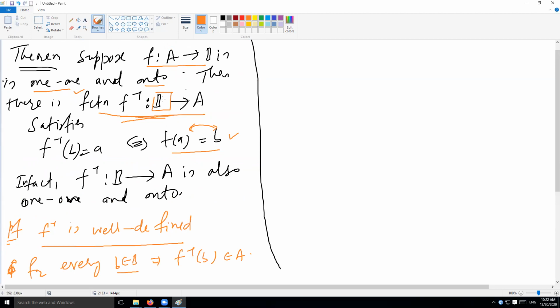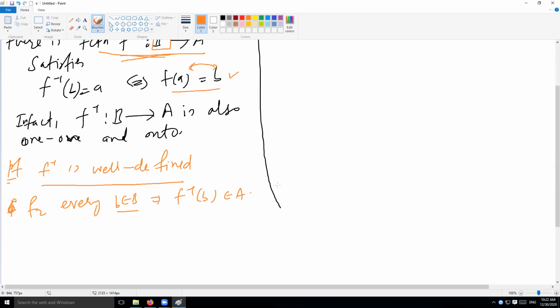So for every element in the domain, f inverse of b must be an element in A actually. This is what we have to prove. So how can I prove it? What is given?